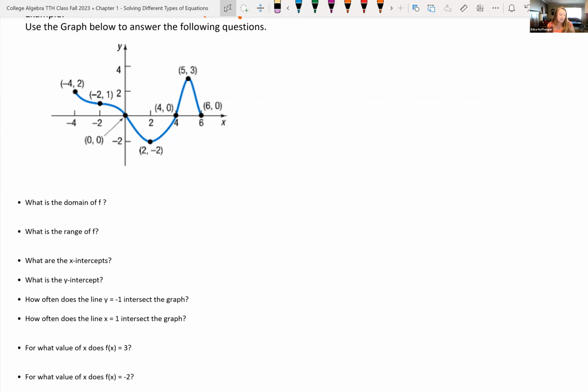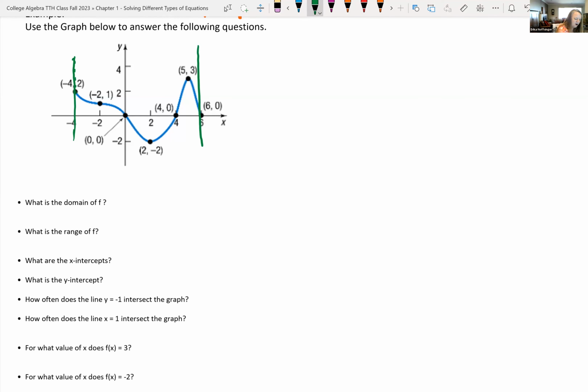Looking at the following graph, we want to find the domain and the range of f. Notice that there are endpoints on here. There are no arrows. If there were arrows, that would tell me it's continuing along in that direction. But instead, there are these points here. The smallest x value that I'm hitting is -4, and the largest x value that you hit is 6.